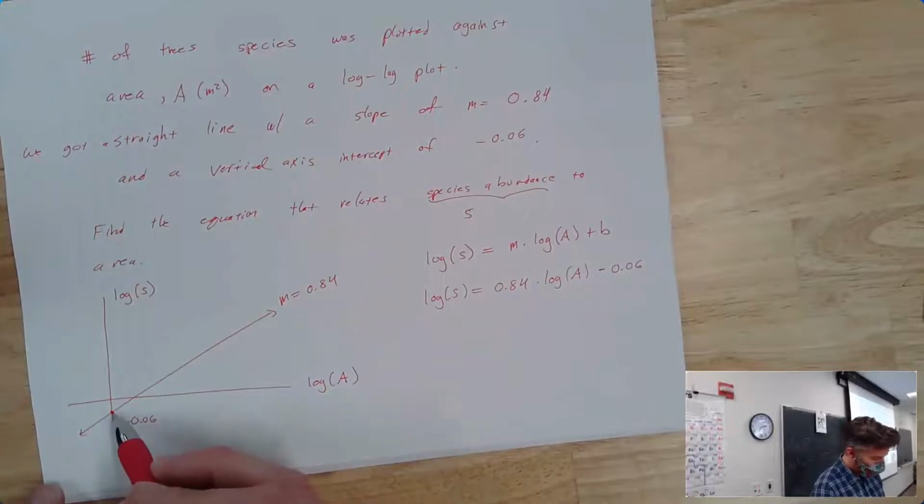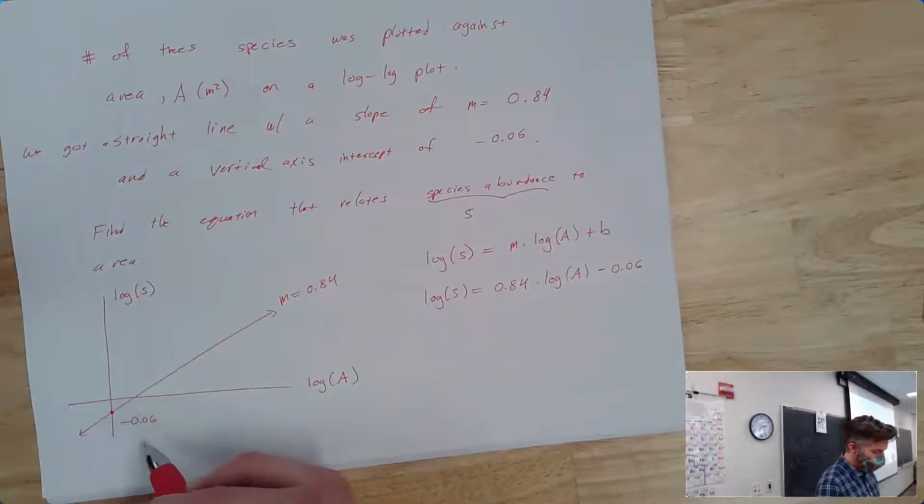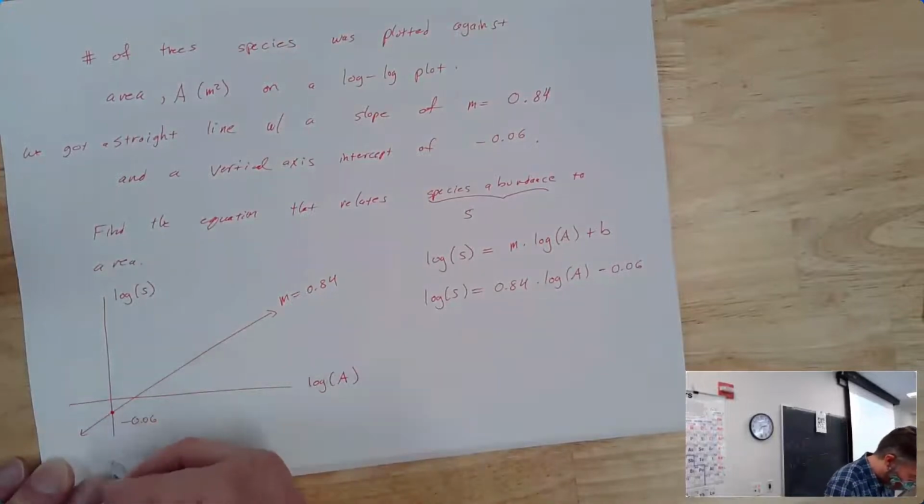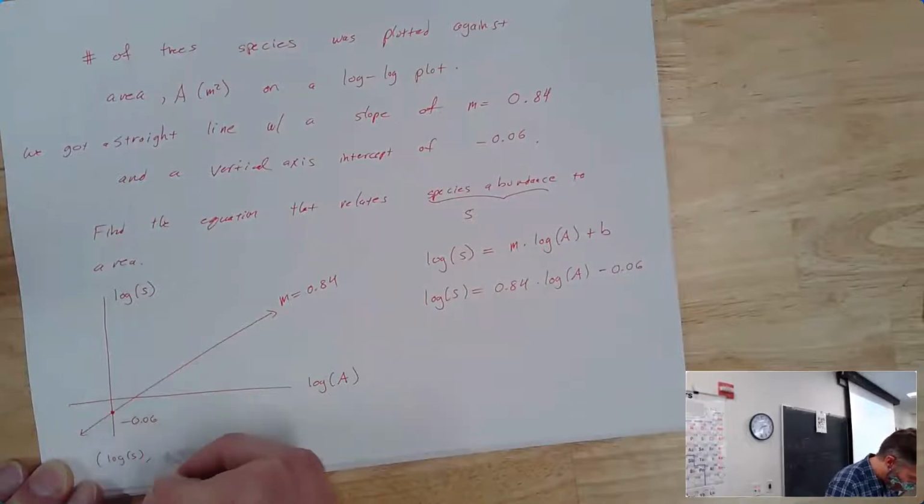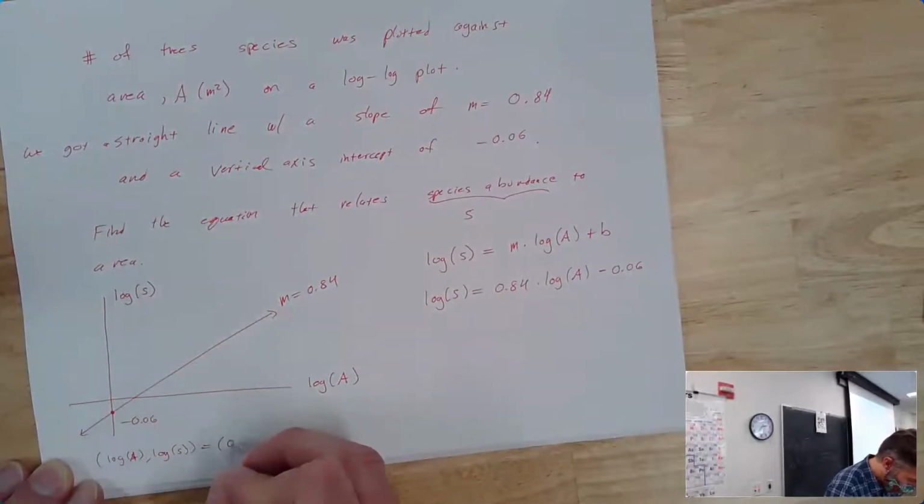Really what this would mean is that when there was 1 acre, there was... okay, fine. So this point here is log of A, log of S equal to 0, negative 0.06.